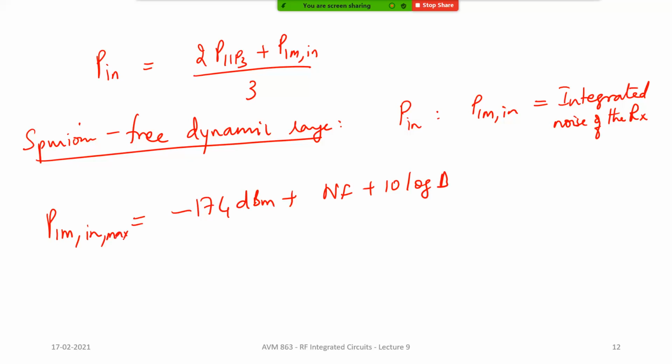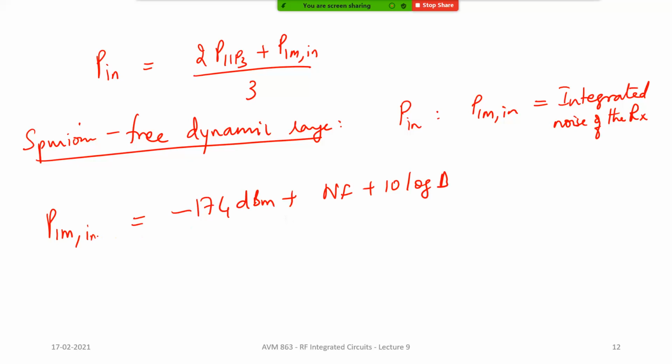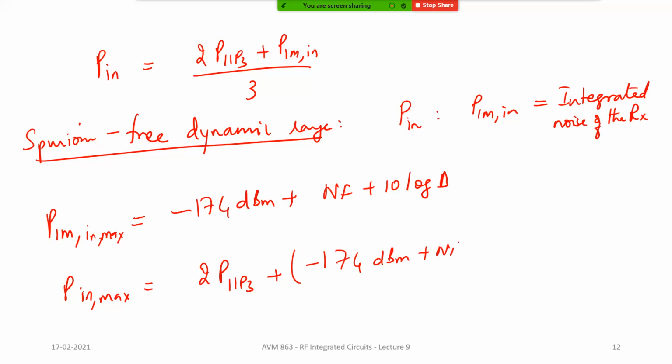You substitute PIM in max, and P in max becomes what now? 2 times PIIP3 plus this whole thing, which is nothing but minus 174 dBm plus noise figure plus 10 log bandwidth, divided by 3.